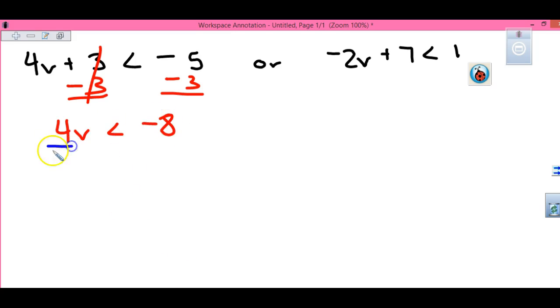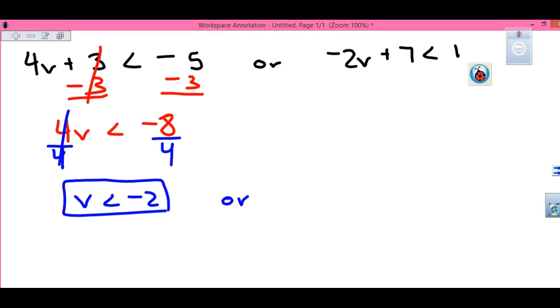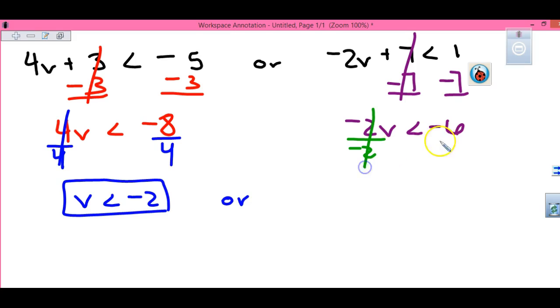We're going to divide by 4 on both sides. b is less than negative 2. Or we're going to solve the other inequality, minus 7 on both sides. Negative 2b is less than negative 6. Divide by negative 2. b is less than 3.